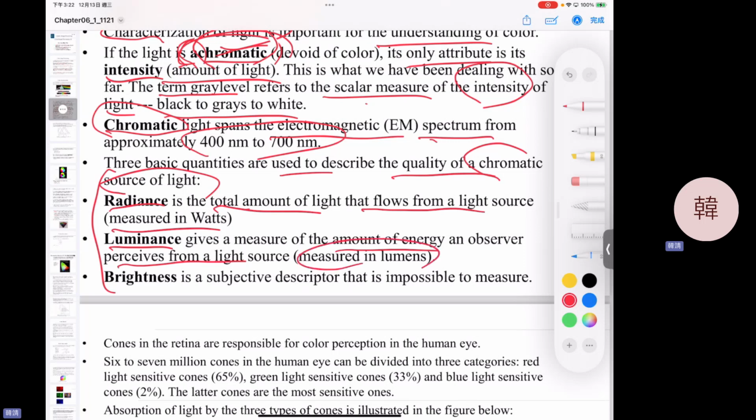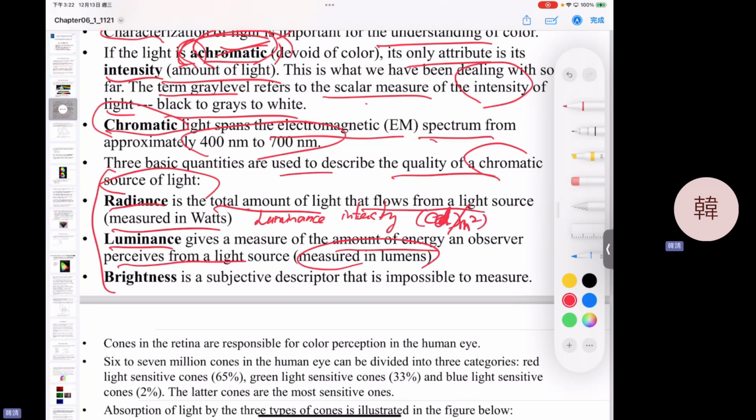Here is another luminance measurement you may have used. We call it luminous intensity. The other popular one in general use is luminous intensity. We use the candela to describe it, per square meter.